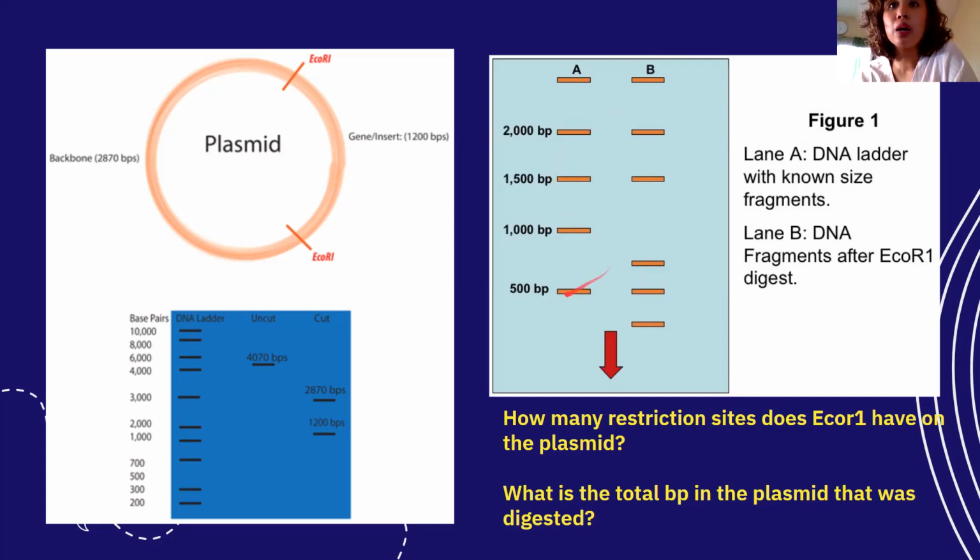Don't worry about the exam, I will give a value for each DNA ladder band. But if you just use common sense, you could get an answer of about 5,000 base pairs, the total plasmid that was digested by EcoR1.